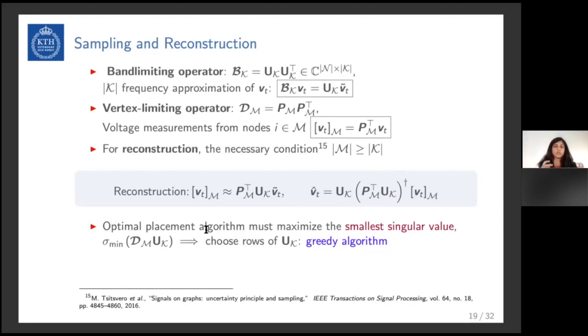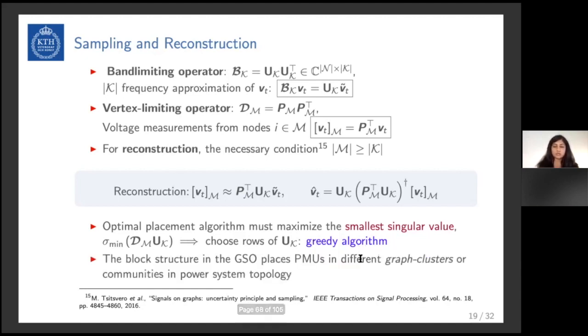One of the optimal placement algorithms is to maximize the smallest singular value of this quantity here. What does it mean? That means you're choosing rows of this graph Fourier basis limited to just the k frequencies. And a way to do it is using a greedy algorithm.